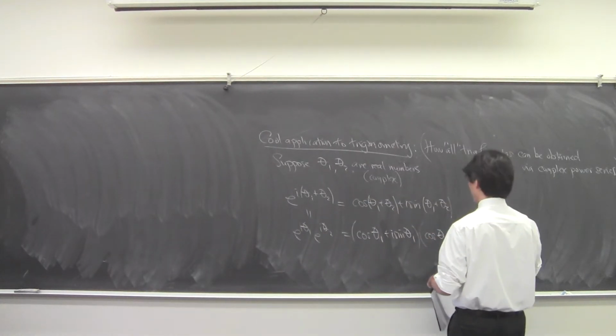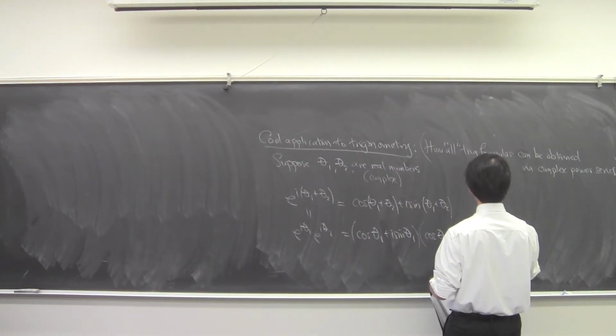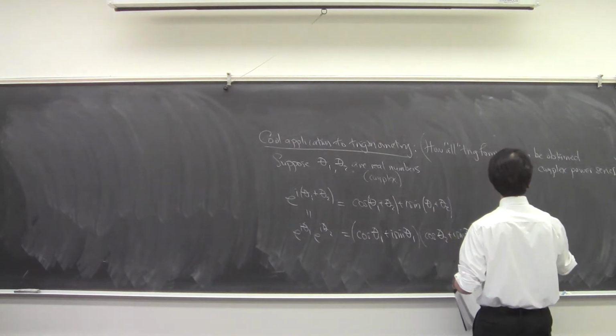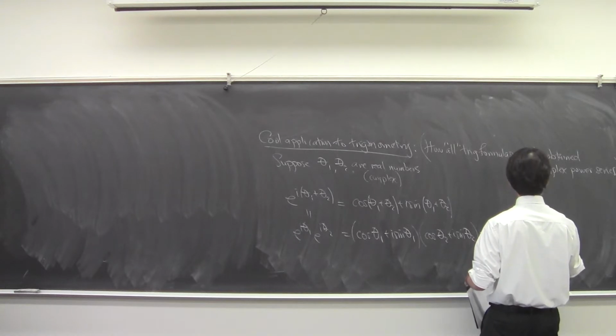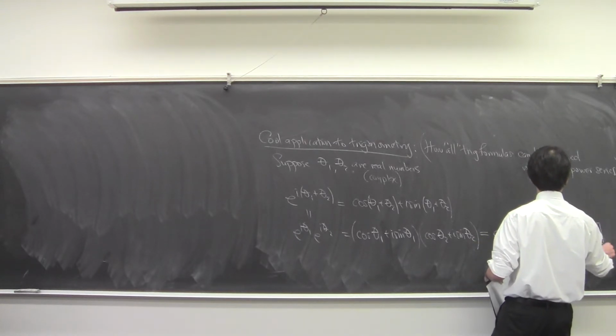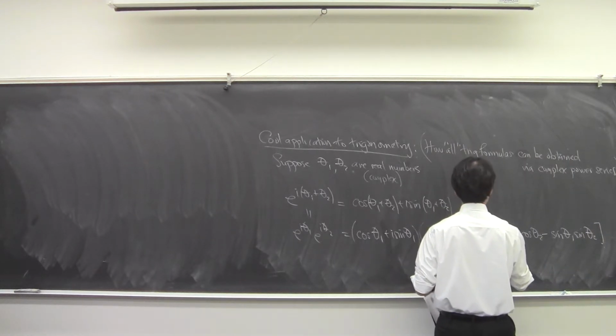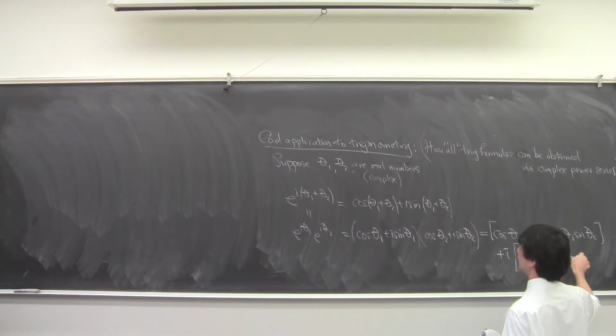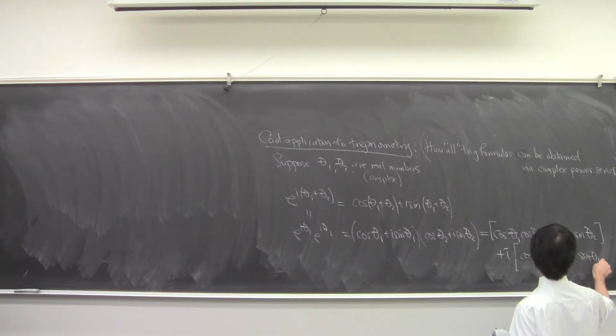That's cosine theta 1 cosine theta 2 minus sine theta 1 sine theta 2, plus i times sine theta 1 cosine theta 2 plus cosine theta 1 sine theta 2.